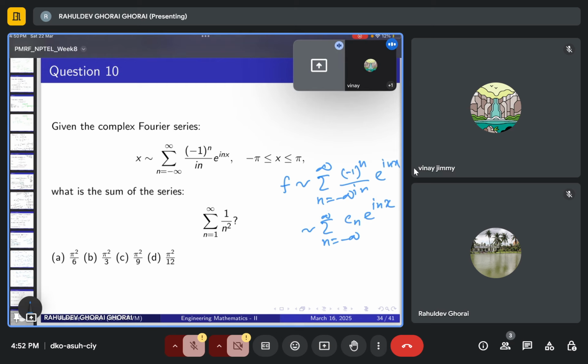So now if you try to find f square, integrated from minus pi to pi with 1 by pi, that will be equal to c n square.